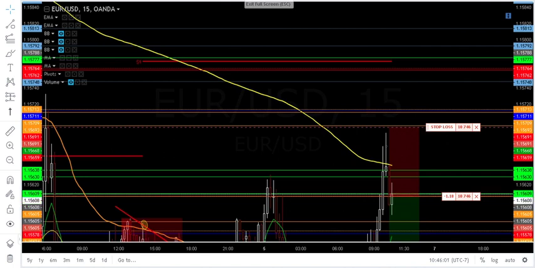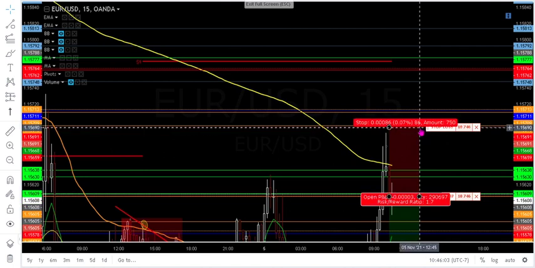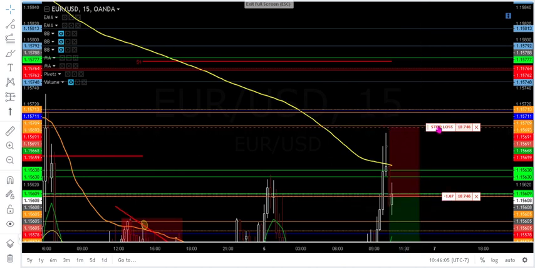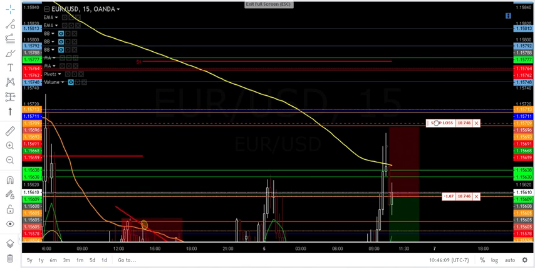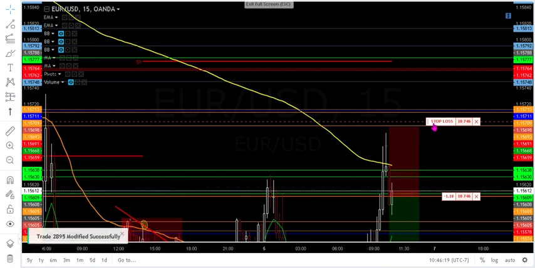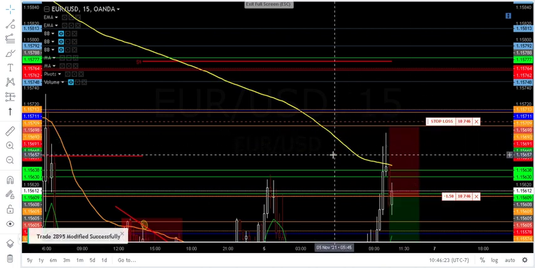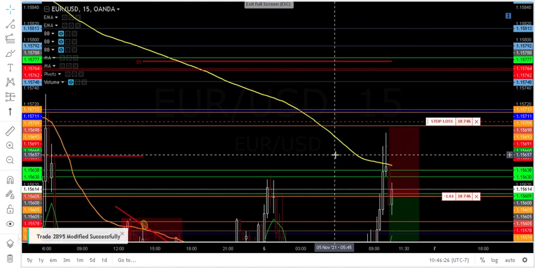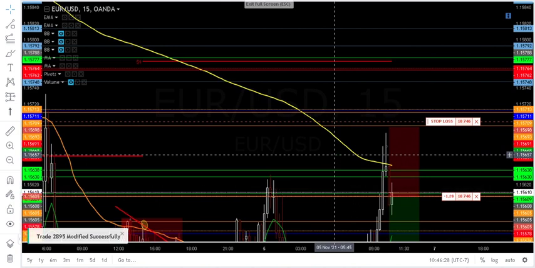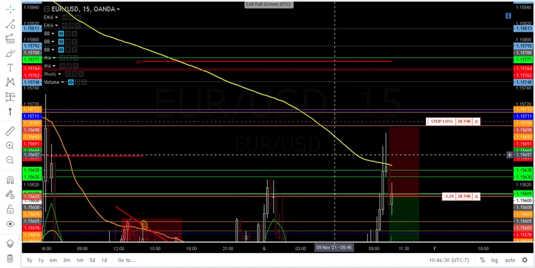So 691. 698. Right here, because of the spread. This would be new if it actually went up there, which it's not. But I mean, it could.